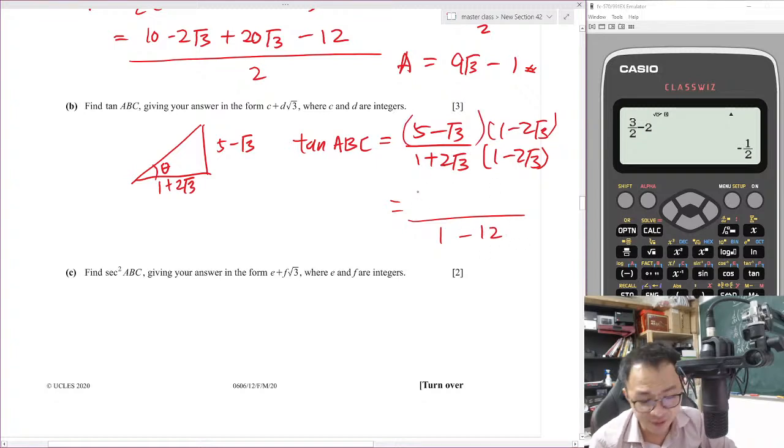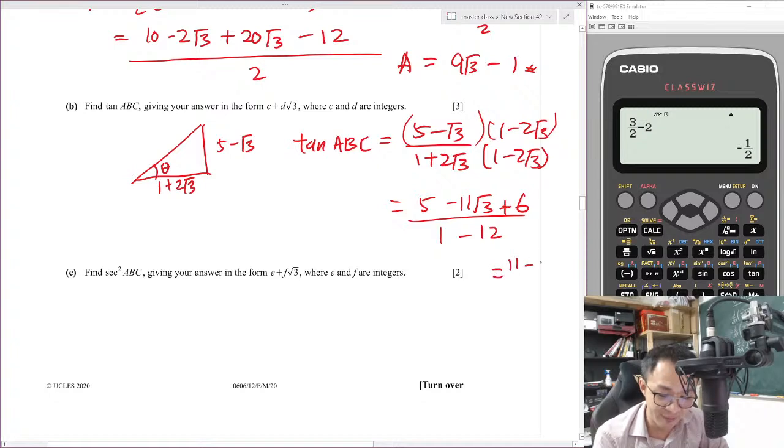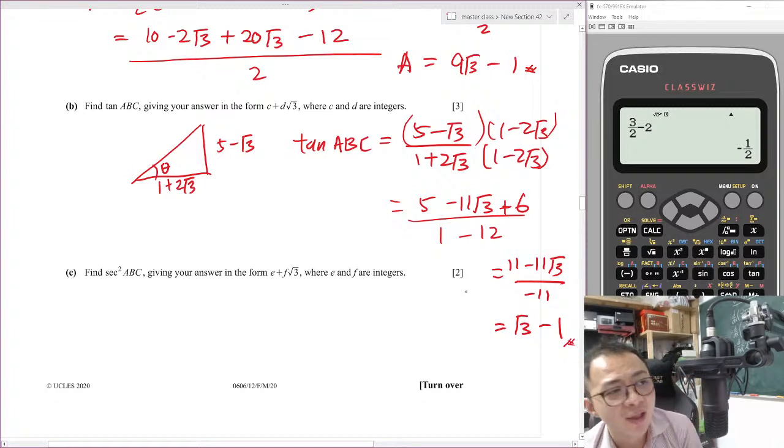The top is 5 minus 10 root 3 minus 1 root 3 minus 11 root 3, and then plus 6. Then we have quite a nice number: 11 minus 11 root 3 over negative 11. Therefore, root 3 minus 1 is the final answer. You just divide negative 11 for both.